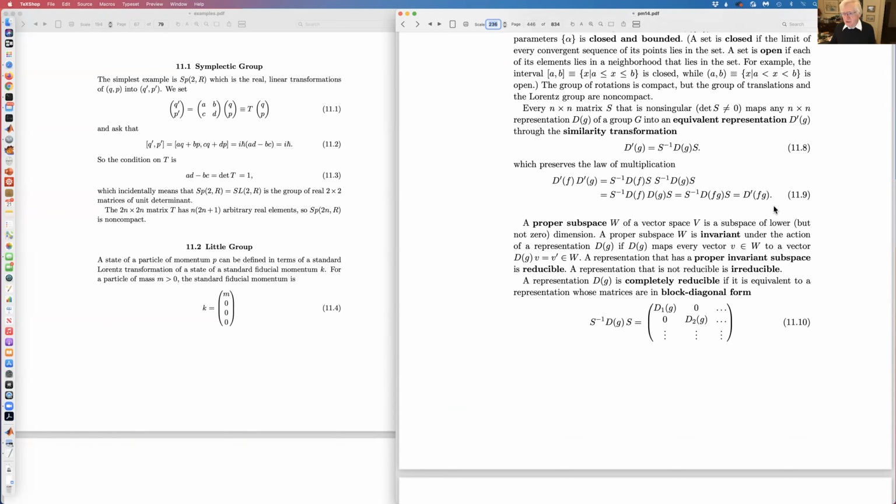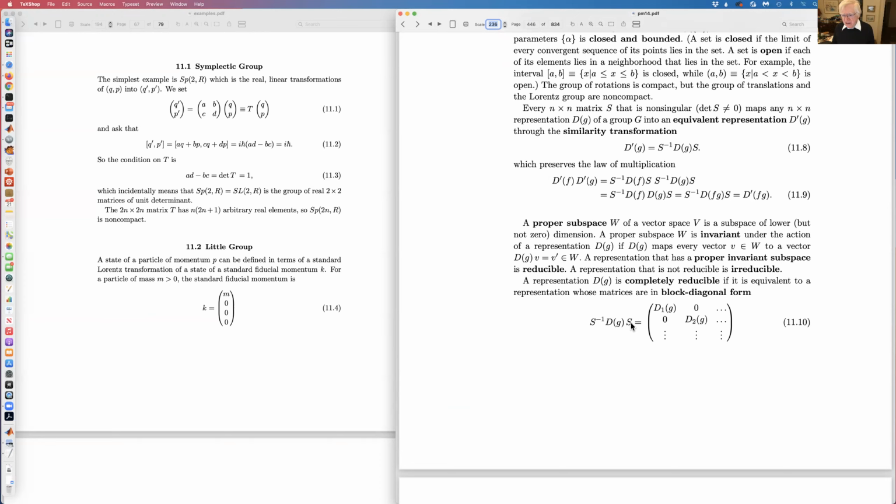Might even be better. And because D of G is a representation, D prime of G will also be a representation because of this equation.